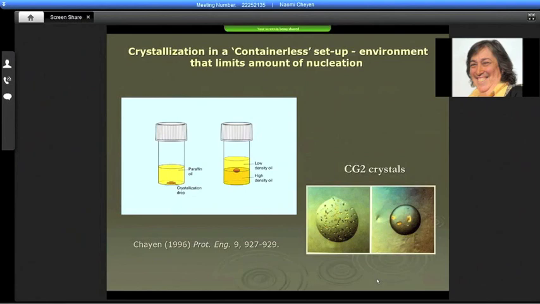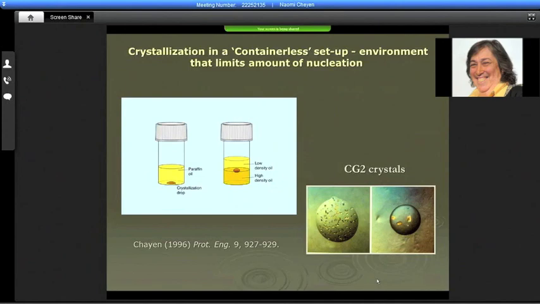One is high and one is low, and the drop sits between the two. Because it's not touching the container wall, we tried this again with the carboxypeptidase G2. The picture on your left comes from normal microbatch, and the one on the right is from the limited nucleation environment, so we get 2 or 3 crystals which are larger.